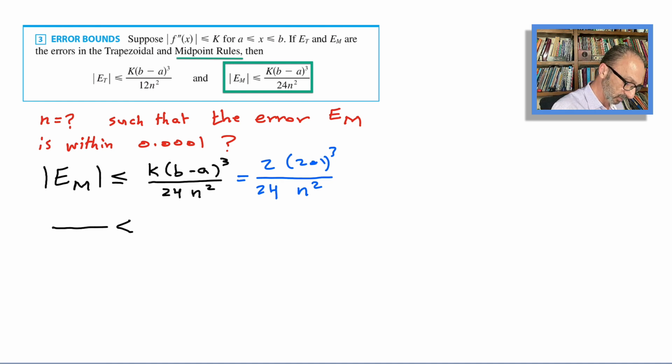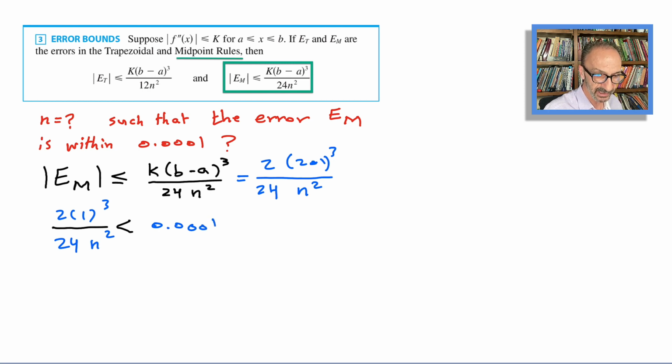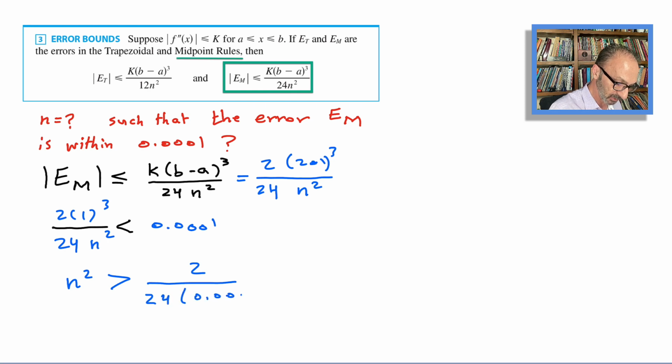To simplify this, we have 2 times 1 to the third, and we have 24 n to the second, and we need the accuracy to be within 0.0001. Switching n to the second and leaving it on one side by itself, doing 2 steps in one, I have n to the second greater than 2 times 1 to the third, which is just 2, over 24 multiplied by 0.0001.